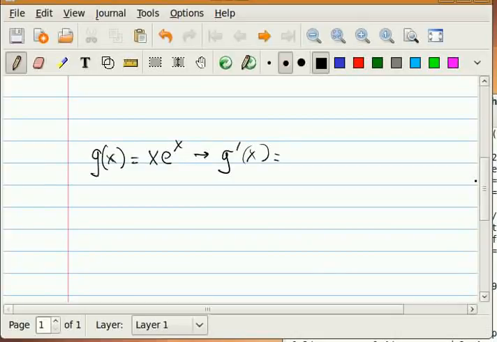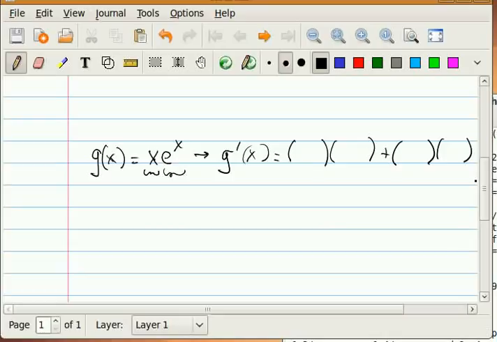And the rules for derivatives say if you actually multiply two functions together, and neither of them are constants, you have to use the product rule. So the product rule says, and again here we are multiplying two simpler functions together, x and e to the power x. The product rule requires you put four things in here.